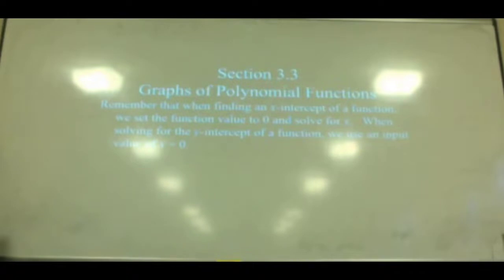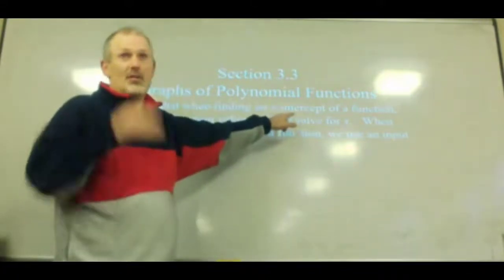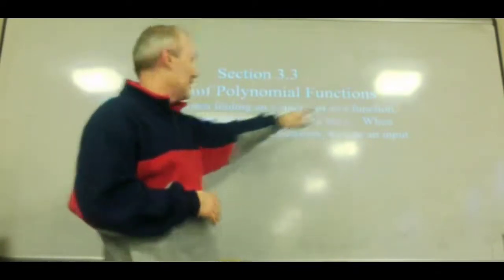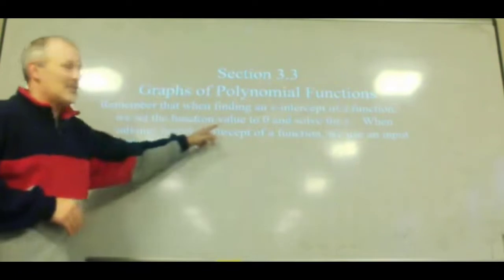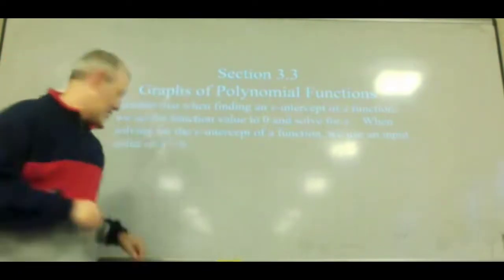Okay, so remember, in the past, with all the work that we've done, if we are ever finding an x-intercept, or a horizontal intercept, as they sometimes call it, we always set the function value, the f of x part, equal to 0, and then we solve. So here's what that looks like.